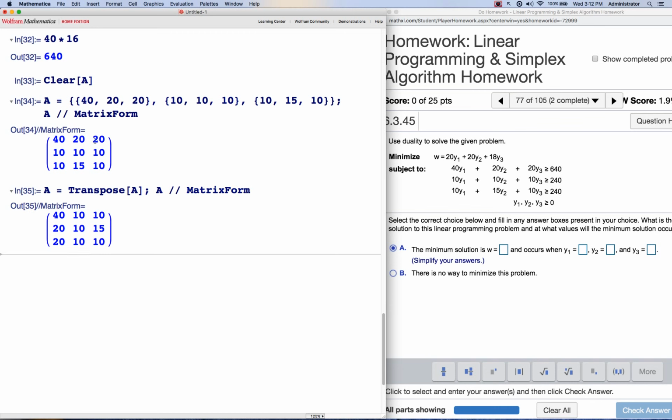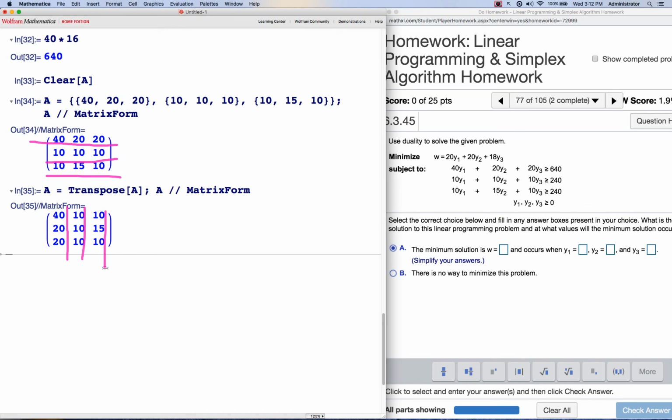Okay, so the first row becomes the first column. The second row becomes the second column. The third row becomes the third column. So I hope you guys can see that. Okay?